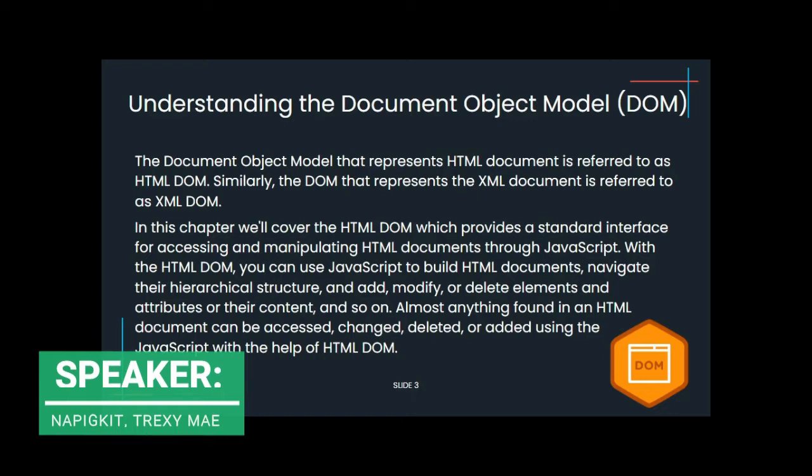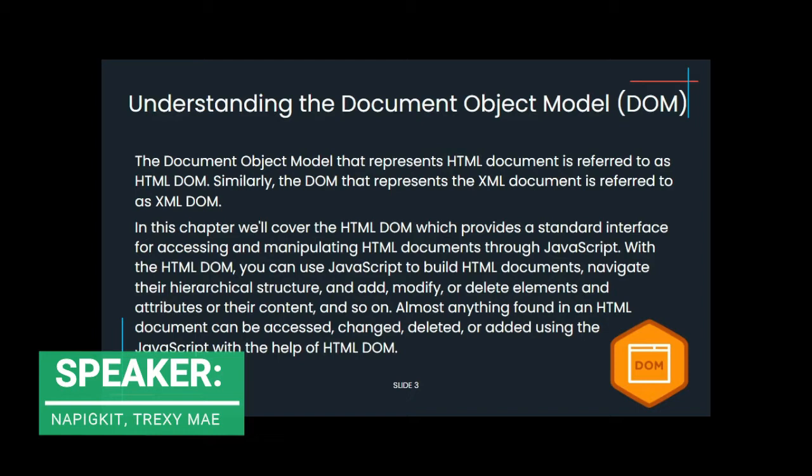In this chapter, we'll cover the HTML DOM, which provides a standard interface for accessing and manipulating HTML documents through JavaScript. With the HTML DOM, you can use JavaScript to build HTML documents, navigate the hierarchical structure, and add, modify, or delete elements and attributes or their content, and so on.